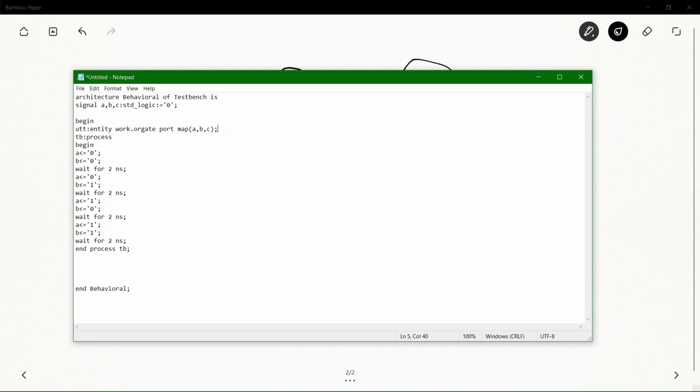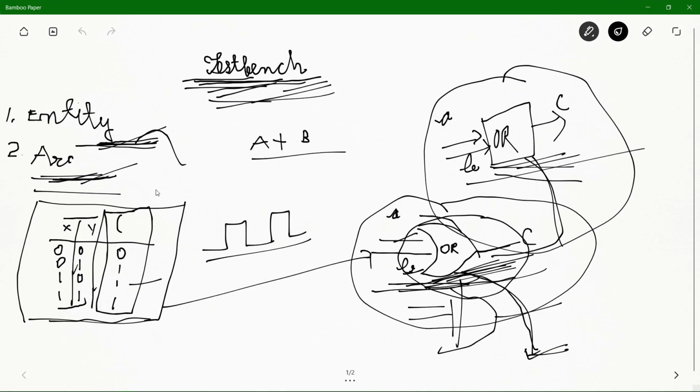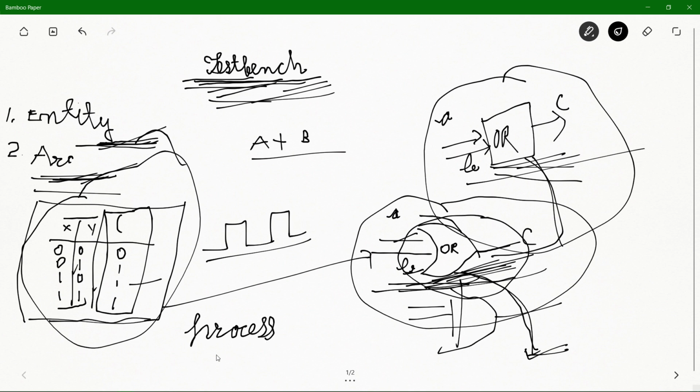And then in the next line, one thing you guys always have to remember: while writing any sort of test bench, that test bench will always be written inside what? Inside a process.